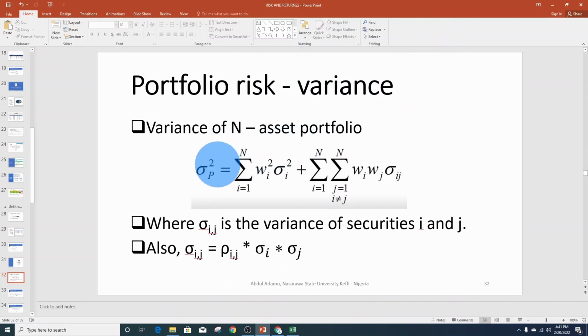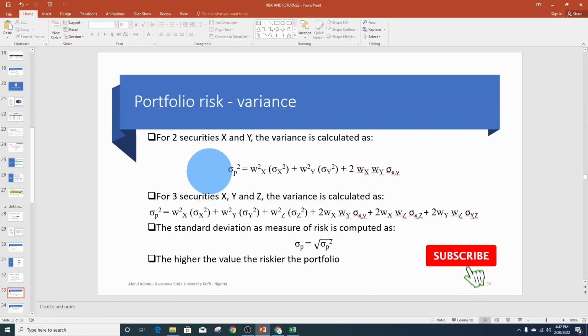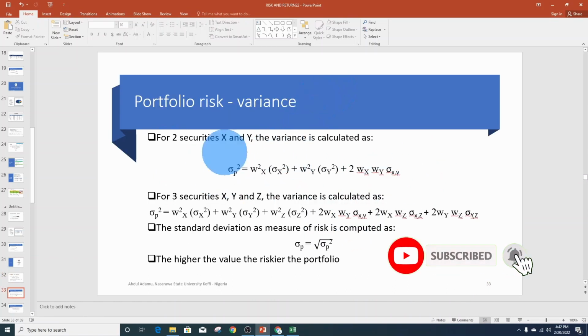To do that of variance, all we need is we square the weight times the variance of each of them plus the weight times the covariance, the weight times the covariance. So don't forget how this is determined. We have the formula that is determined here and the way we can do it using the matrix method.